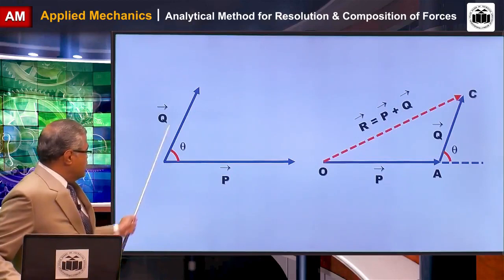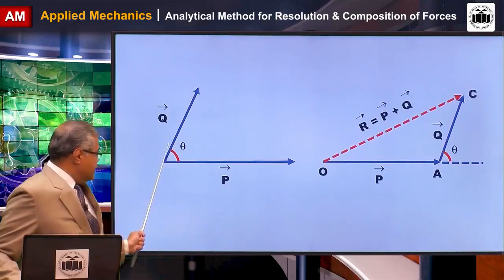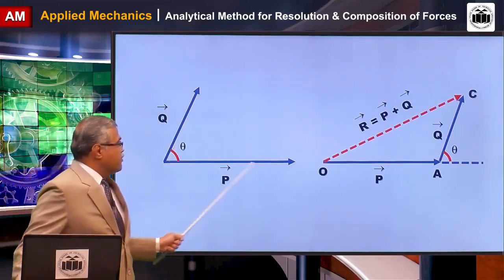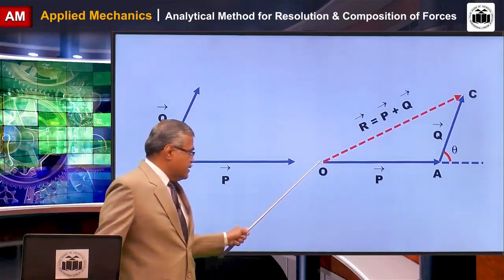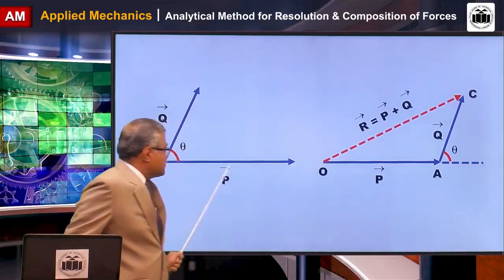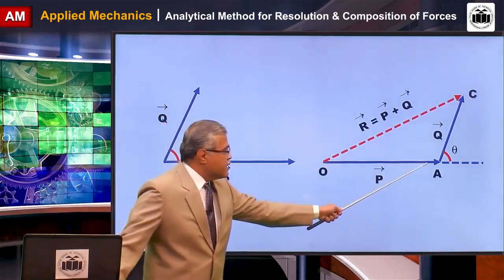Here we have again two concurrent forces, one is P, another is Q, and the angle between them is theta. Then in this system we can draw lines as per the law of triangle of forces. One force, that is force P, is plotted from O to A with some scale.